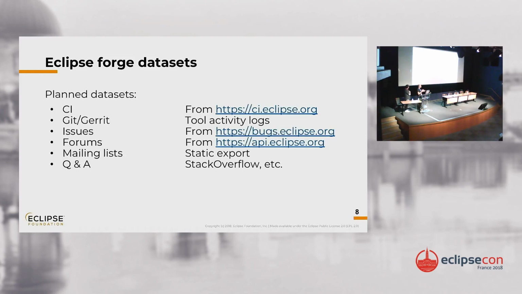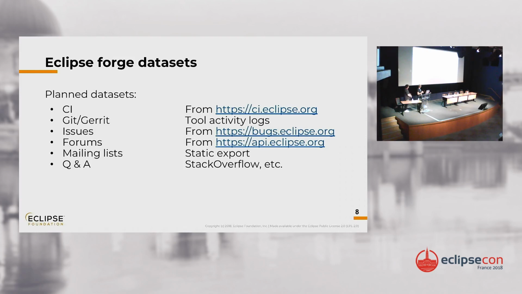As for the data sources that we target, we will produce soon datasets about the continuous integration at Eclipse for a set of 80 projects, roughly. We will provide datasets about Git, so it's basically what you can find in the Git log output, but we translate it to a CSV file with the anonymization step.